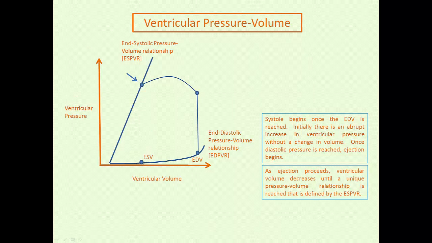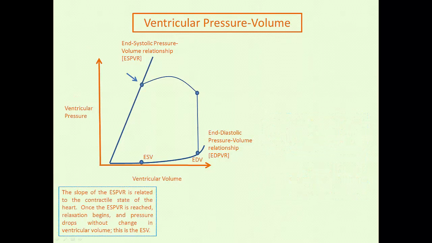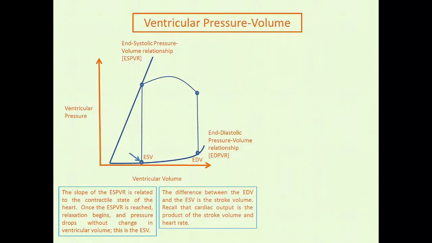It essentially represents maximal systolic elastance during the cardiac cycle. The slope of the end systolic pressure-volume relationship is related to the contractile state of the heart. Once this relationship is reached, relaxation begins. You get isovolumic relaxation, and then you return to your end systolic volume, and at this point you begin diastole again.